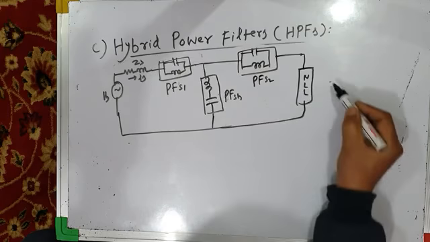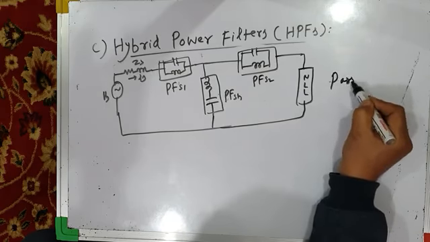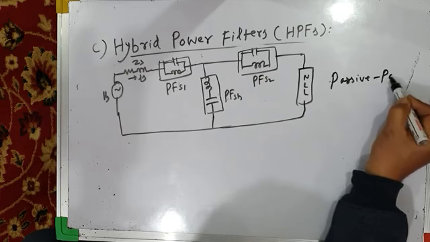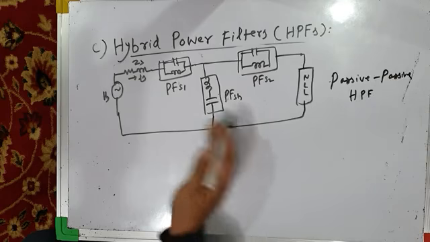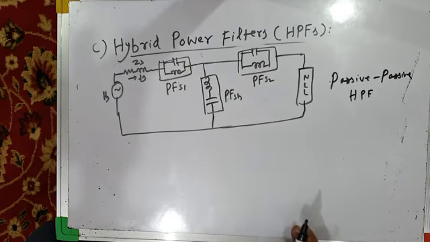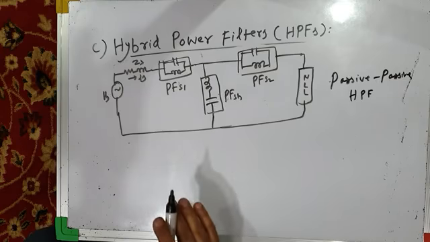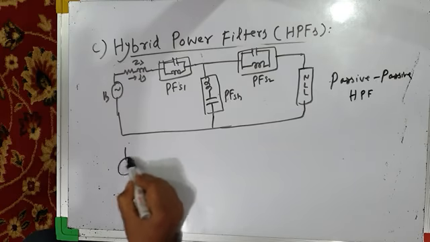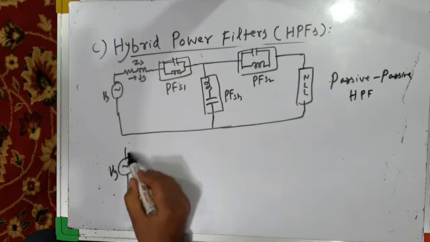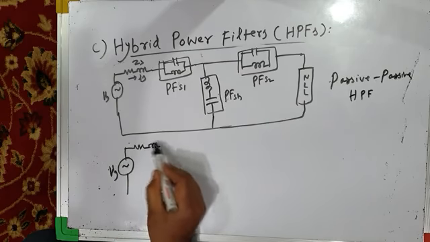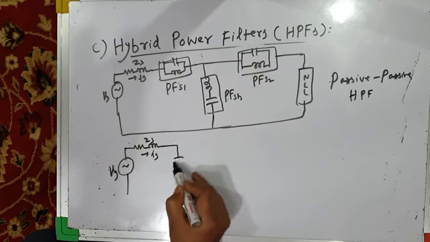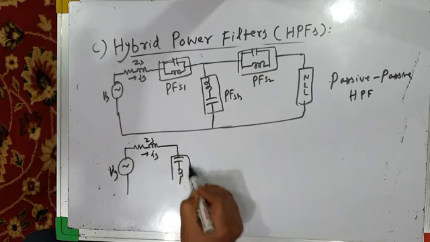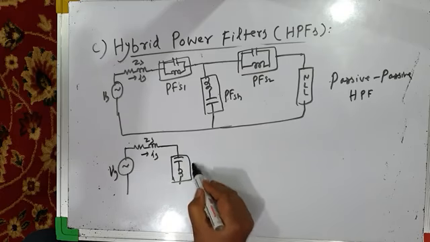This is also an example of passive hybrid power filter, HPF. Another variation of this may be like this: source voltage, source impedance, source current. You may have two shunt and one series passive filters.